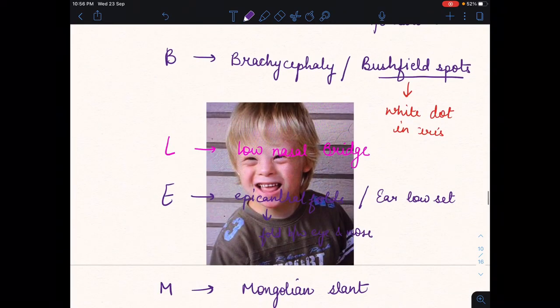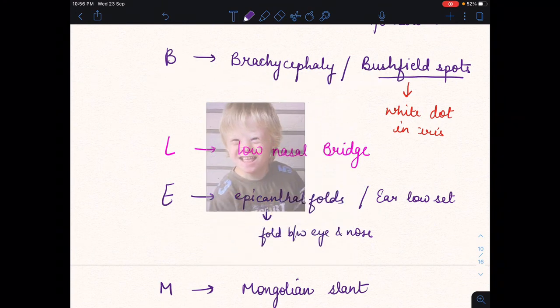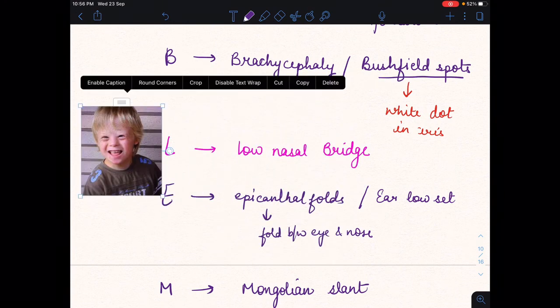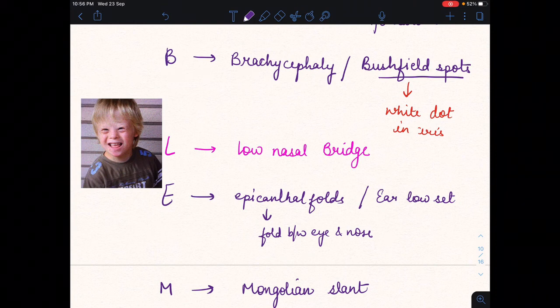In this photo you can easily see that the child's face is round with a protruding tongue, and there are epicanthal folds.